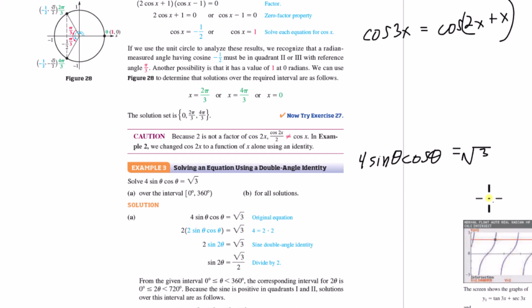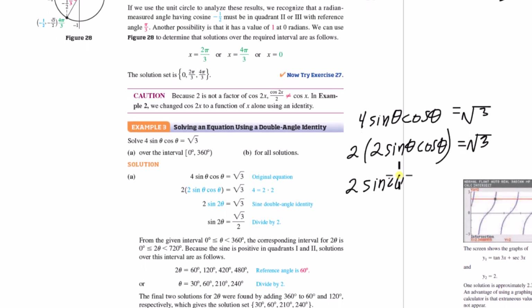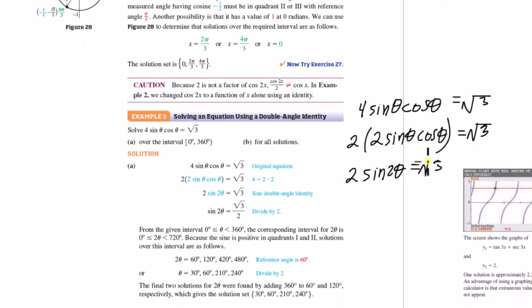So we see here that we know that 2 sine theta cosine theta is equal to sine of 2 theta. So if we factor out a 2 here, we can say 2 sine 2 theta is equal to root 3, and absolutely we want to do this because now this is linear.